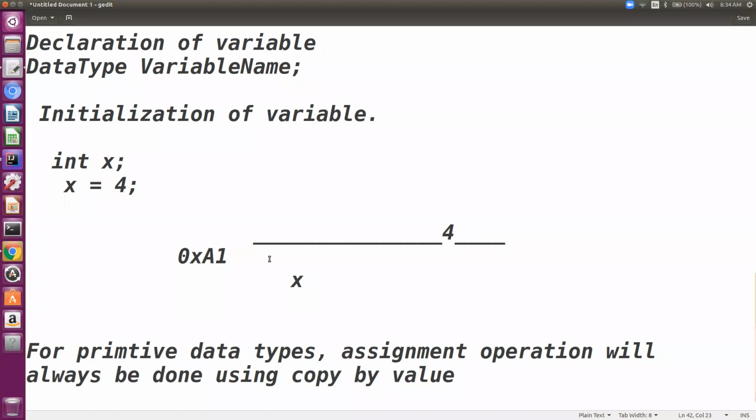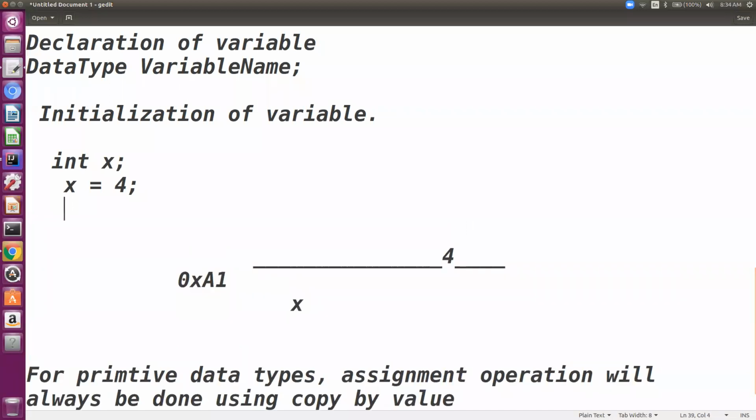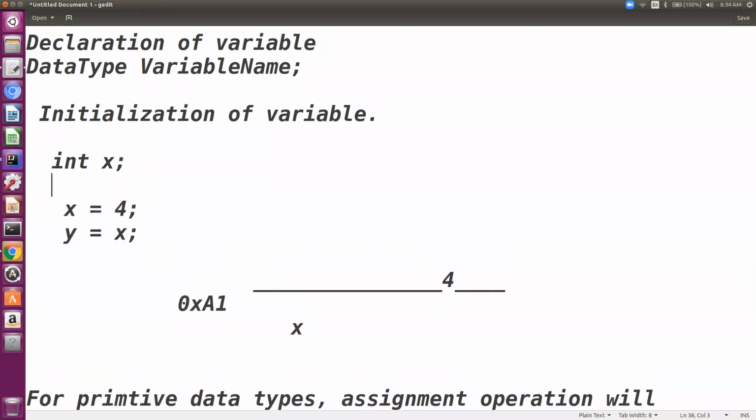Now, let me declare another variable int y, and I say y equal to x. What will the value of y be? Because equal to is an assignment operation here in Java, whatever is the value contained in x goes into y. So what will be the value of y?